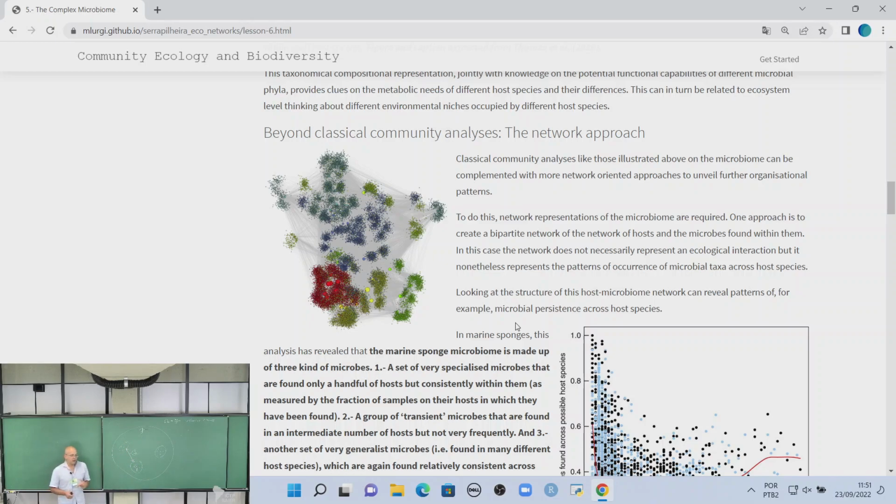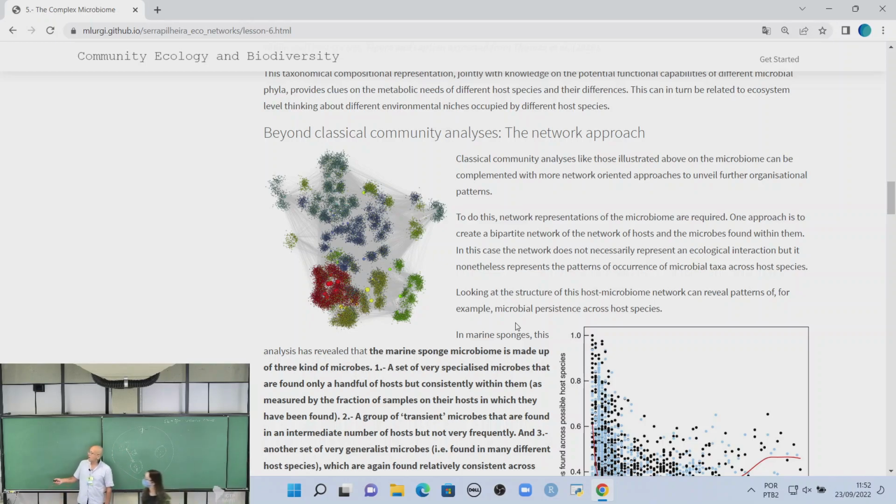So what we are going to try to look at here is to find communities that are more closely similar across different host species, so bacterial communities that are more similar across host species, and what might be the drivers of that convergence in terms of bacterial communities.